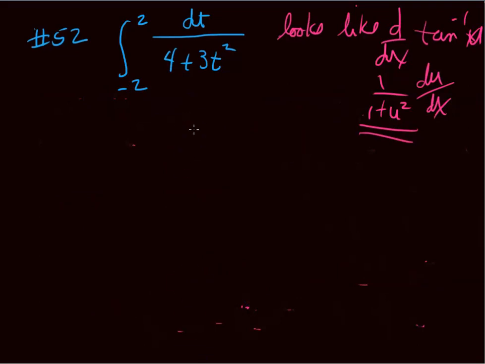Once again, it looks like the inverse tangent. But the inverse tangent, with that 1 plus u squared, how do we make it look exactly like that?